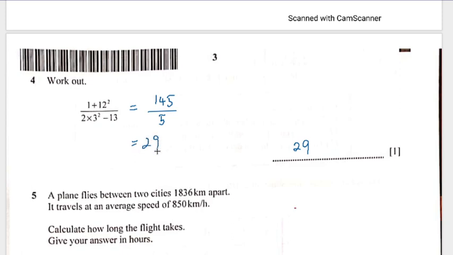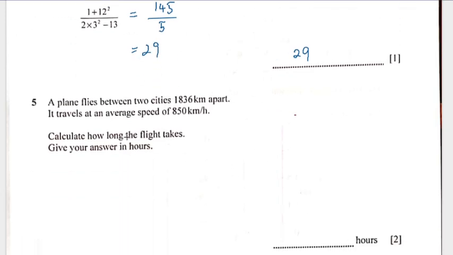Okay, that's number 4. Number 5, a plane flies between two cities, which is 1836 kilometers apart. It travels at an average speed of 850 kilometers per hour. Calculate how long. So which means how long it takes to reach from one city to the other city. So we have distance here, and you have your speed.